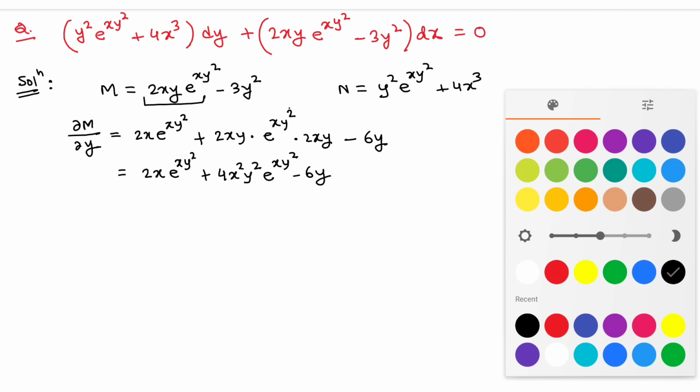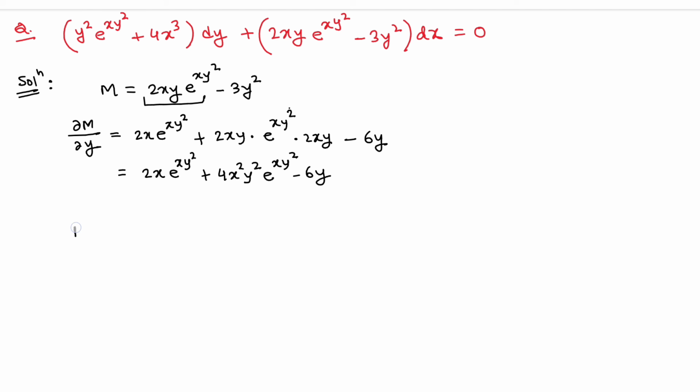Now let's write N is equal to y square e to the power xy square plus 4x cube. So del N del x, with respect to x, this will be y square into e to the power xy square into the derivative of xy square with respect to x, which is y square.